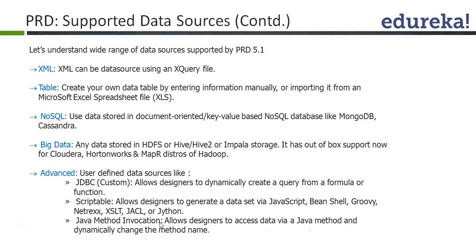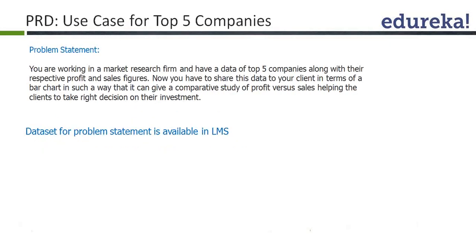Then using JMI, Java method invocation, you can allow the designer to access data via a Java method. This is basically using a very flexible feature of PRD and dynamically changing the method name. So it is through API support that you can achieve this Java method invocation. So these are the rich set of data sources supported by PRD.